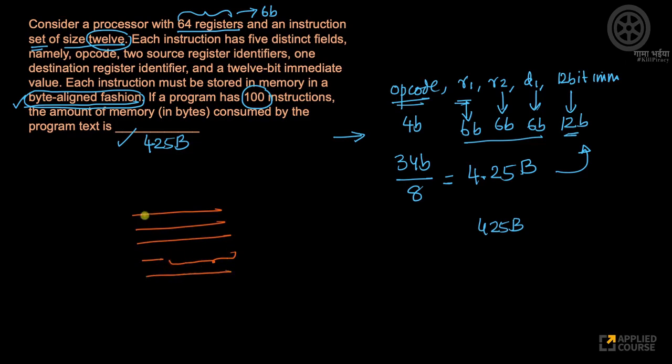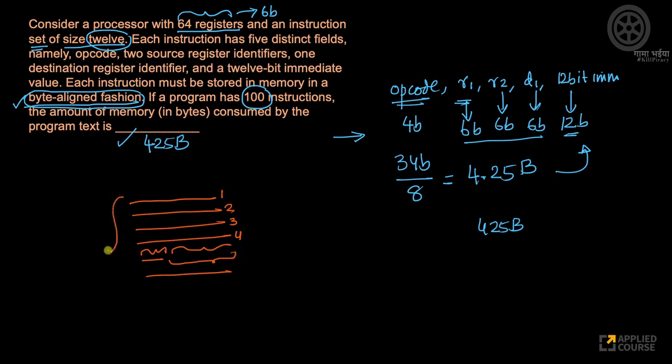I can't say that, right? So 4.25, right? This is the first byte, second byte, third byte, fourth byte. In the 5th byte, I can't accommodate 0.25 bytes for one instruction and 0.75 bytes for the second instruction. That's not allowed, right? You can't do that.